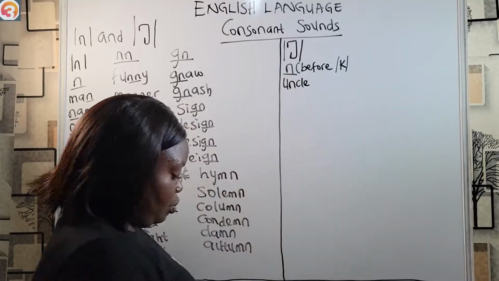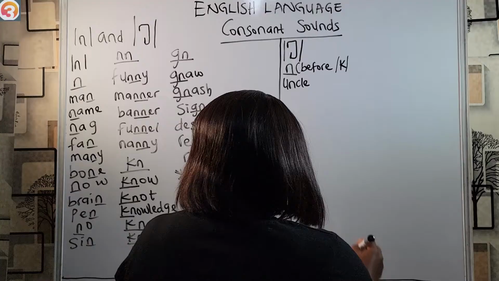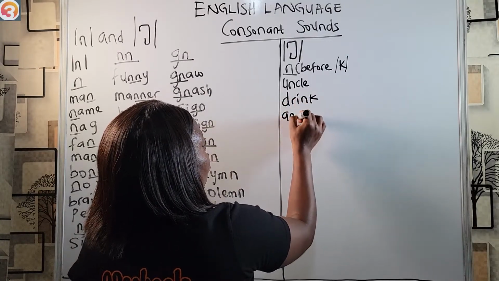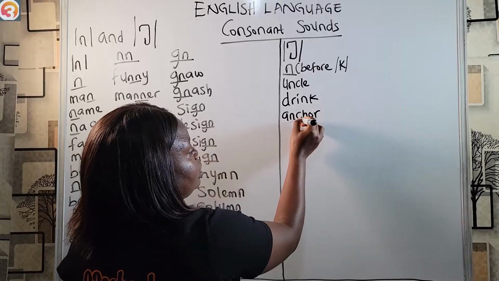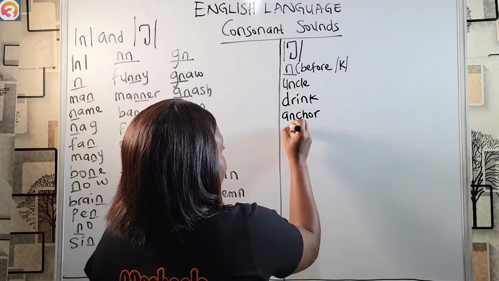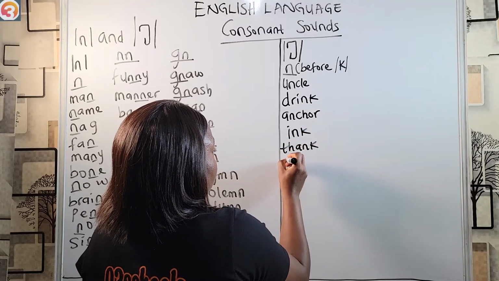So other examples we have drink, ankle. You can see the k, that N is coming before. We have words like ink, thank, anxious.